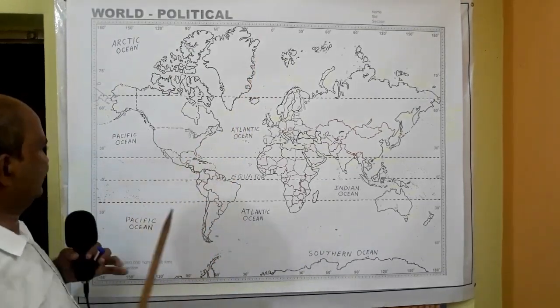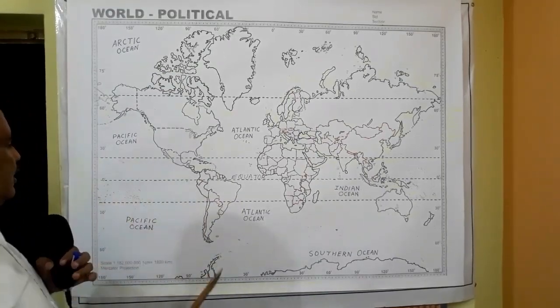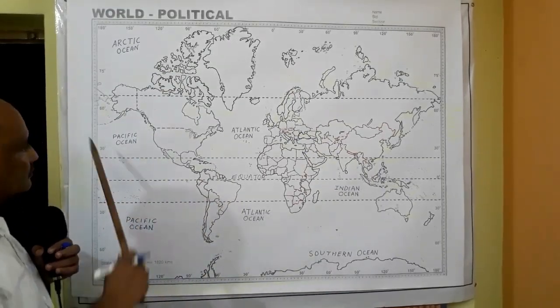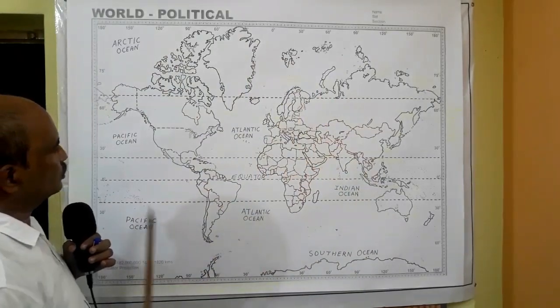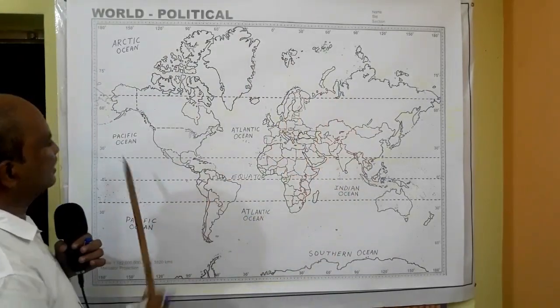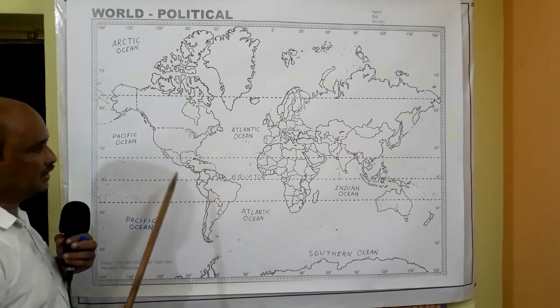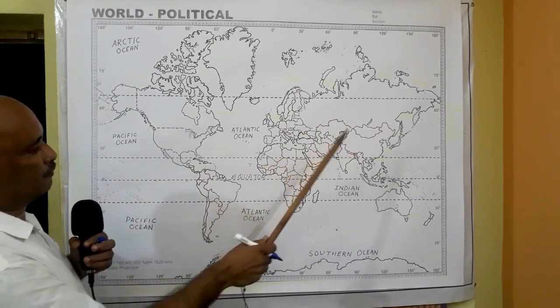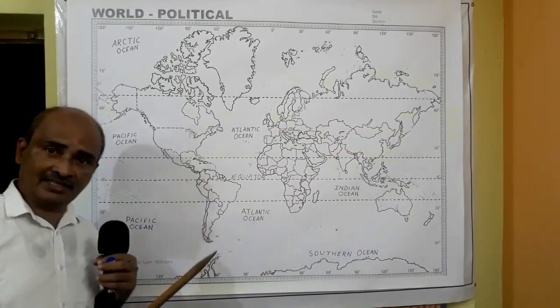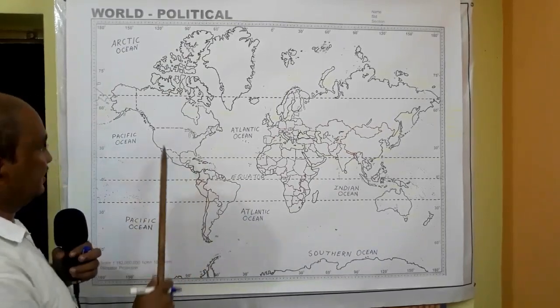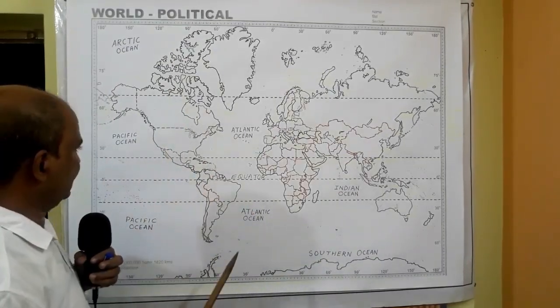Okay, right. Now the next important point, coming to the total world: the world is divided into 7 continents. Yes, it is 7 continents.